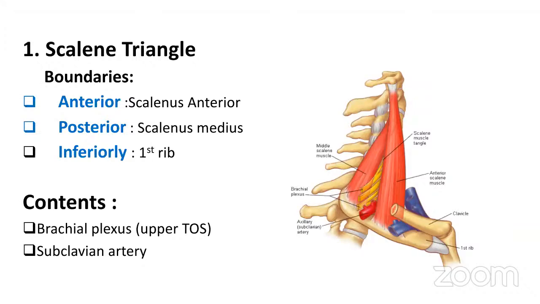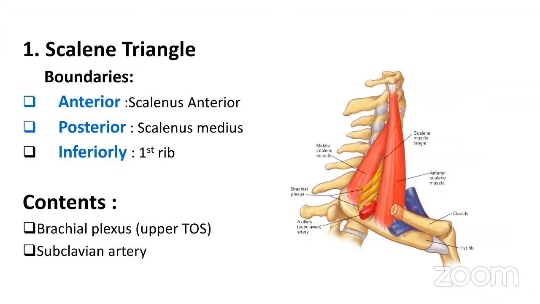Okay. Which are the contents of the scalene triangle? There are two contents: brachial plexus and subclavian artery. Why is the vein not included? Because we had seen earlier that the subclavian vein runs anterior to the scalenus anterior muscle, so it is not part of the scalene triangle.